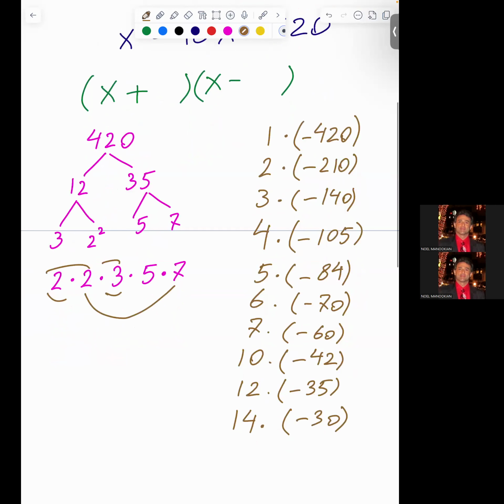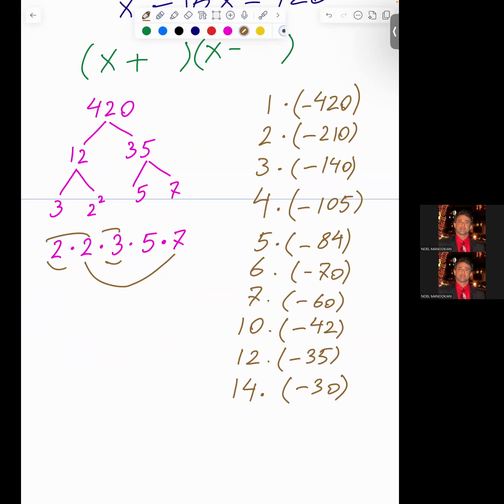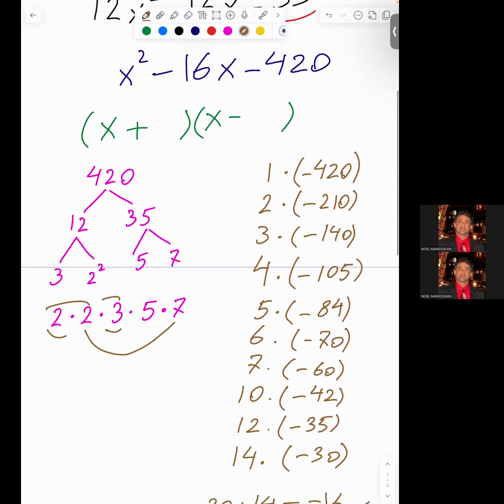If you add negative 30 and 14, let's check it, negative 30 and 14, it gives you negative 16. It means I got the numbers. One must be positive 14, the other one negative 30. So let's return back here. So one is positive 14 and the other one negative 30.